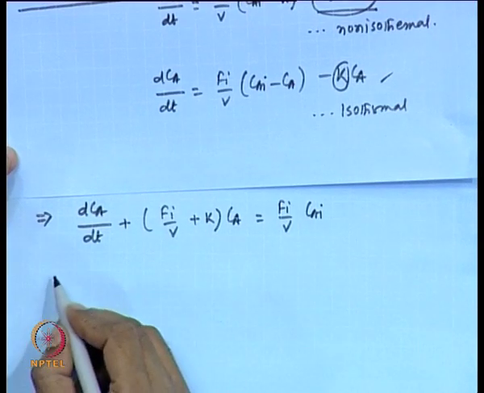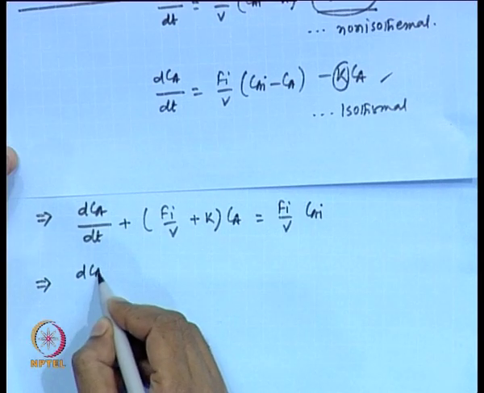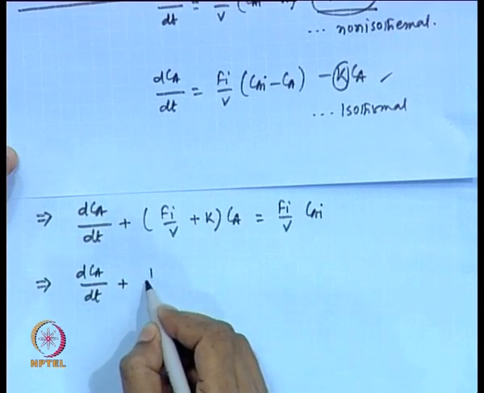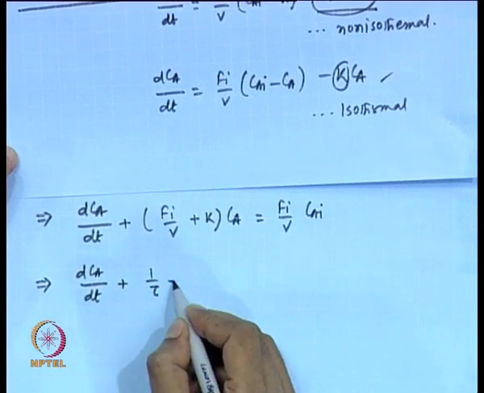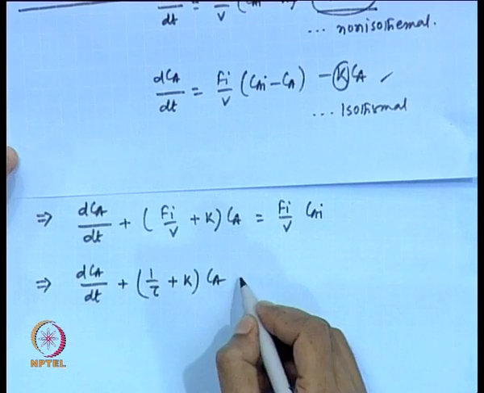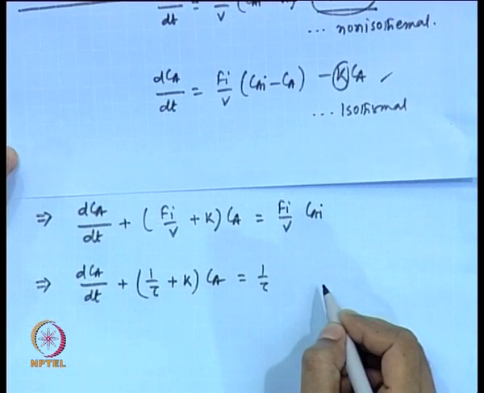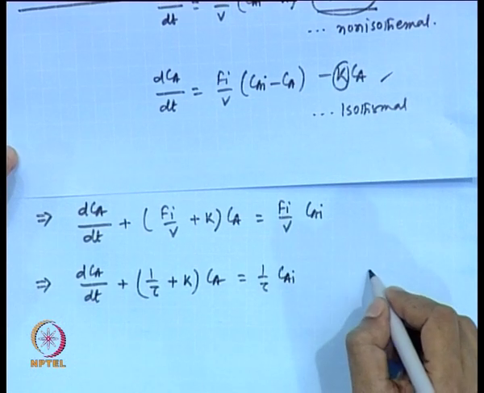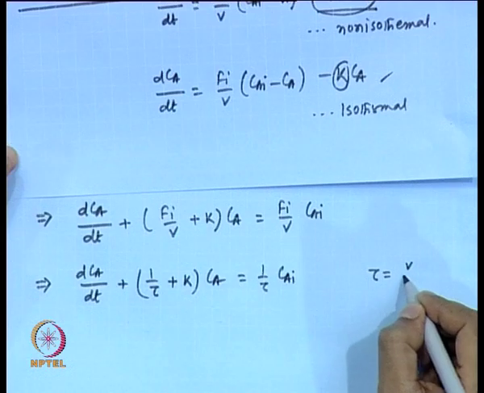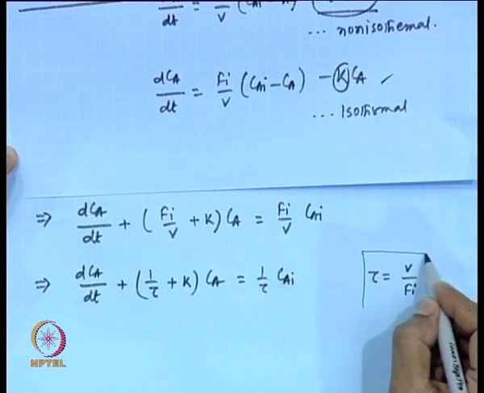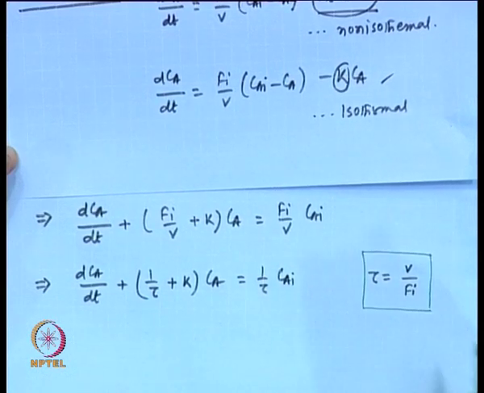Fine. It gives dCA/dt plus (1 by tau plus K) multiplied by CA equal to 1 by tau CAi, where tau is V divided by Fi.